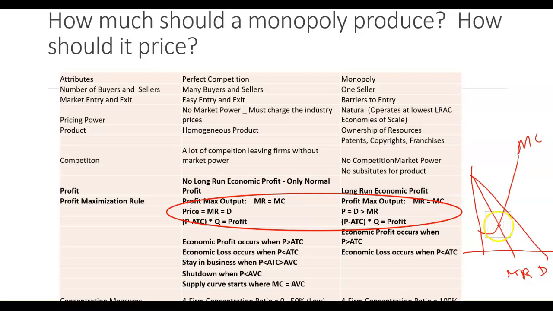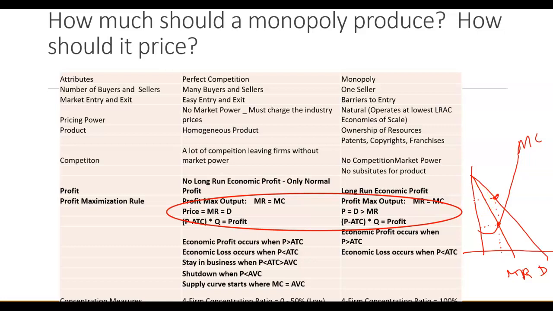This tells us how much to produce, and it also gives us the marginal cost of that product. But what we want to know is how much to price and charge our customers. So we're going to price on the demand curve. Why? Because there are people who are willing to pay more. And so we're going to price on the demand curve.